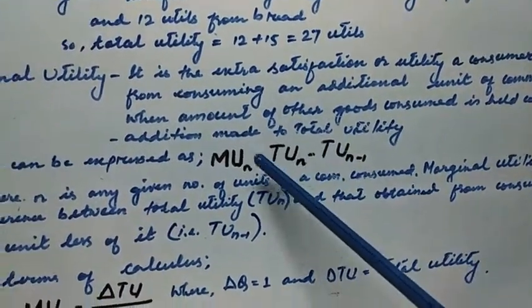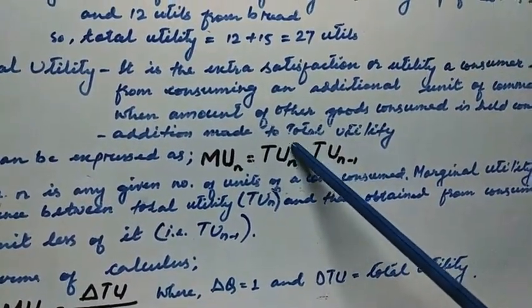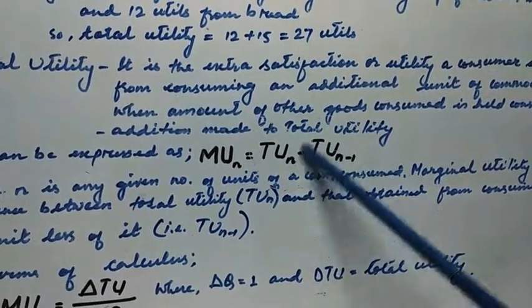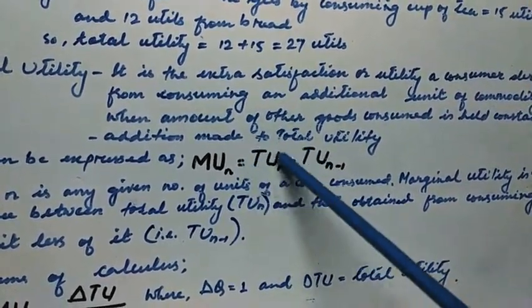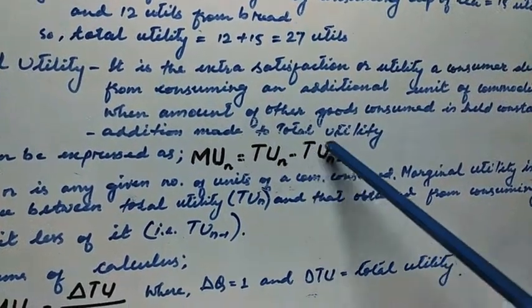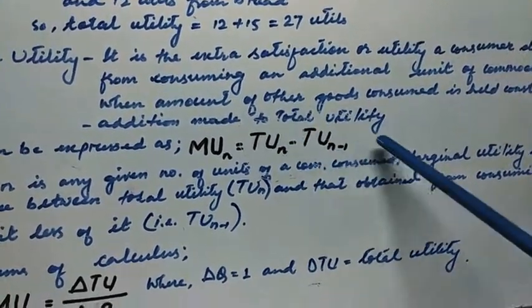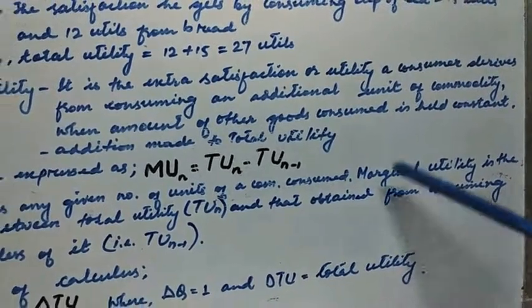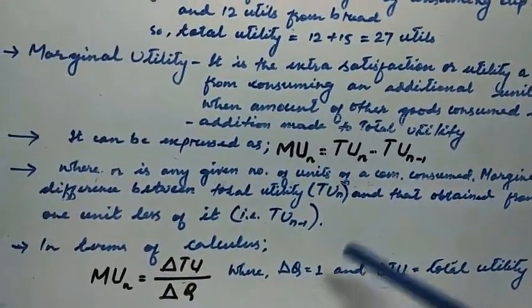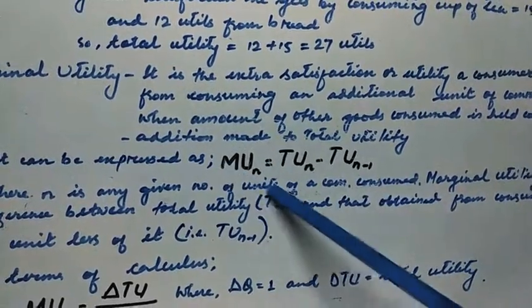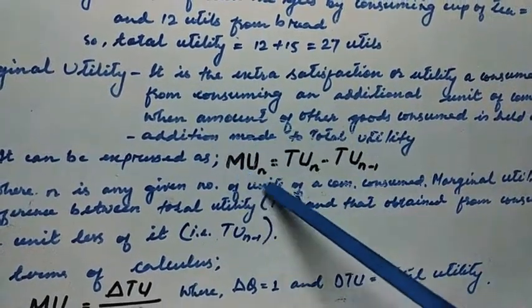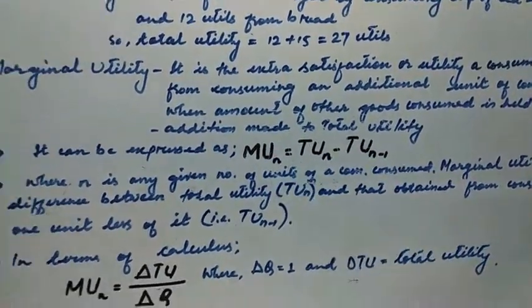So marginal utility is all about the difference between these two entities. That is, total utility derived from the consumption of the goods minus the total utility that you derive when you are consuming less of it. You will come to know this equation when we explain it in a tabular form.